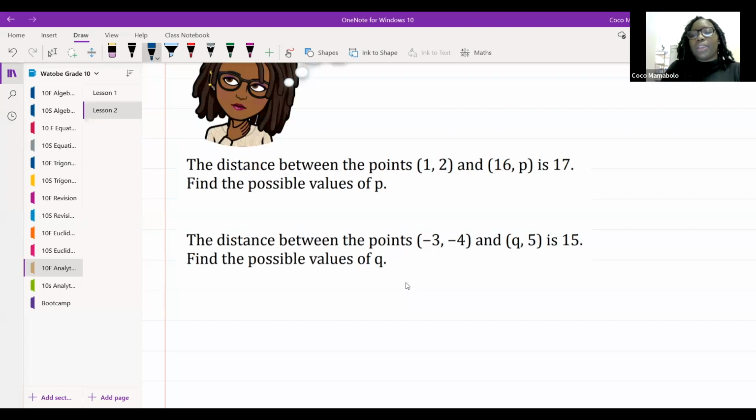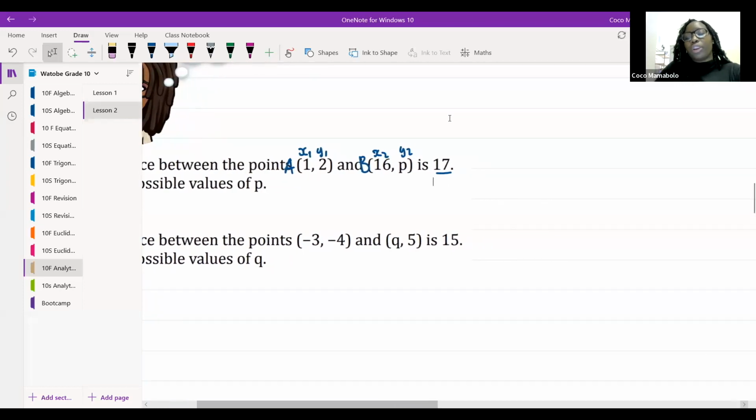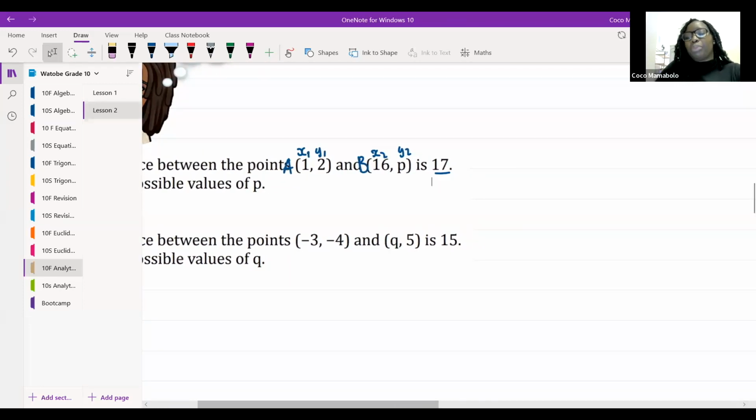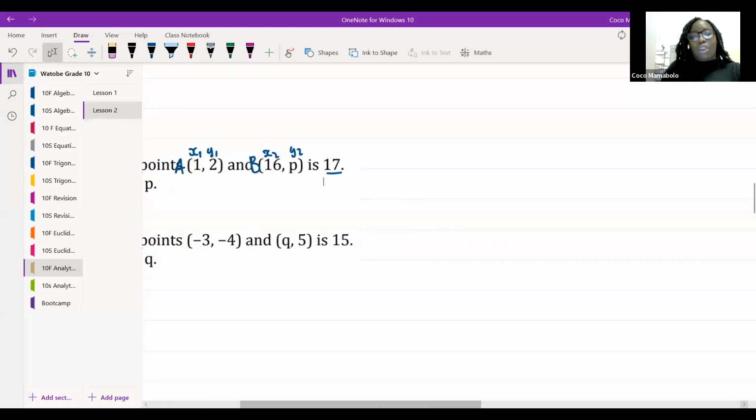We're going to name this X1 and Y1, and this one X2 and Y2. They tell us that the distance between these points, we're going to call them A and B, is 17. So what we're actually doing is calculating for the point P, but we've been given the length already.